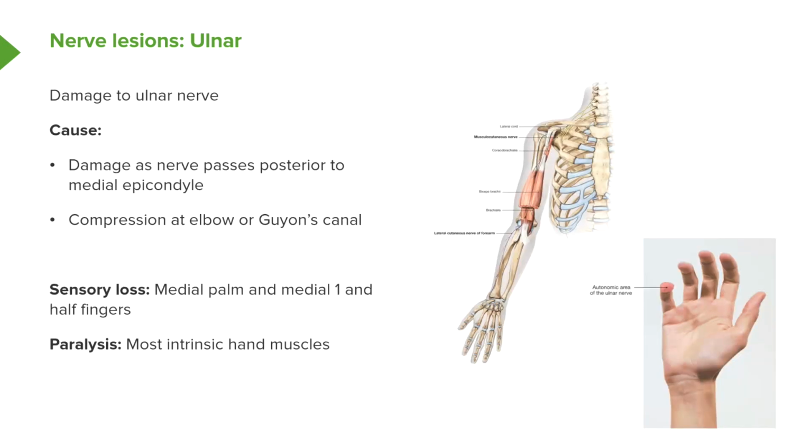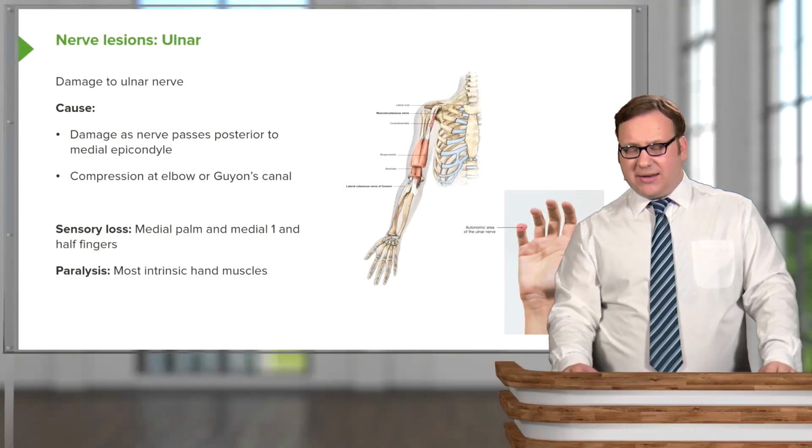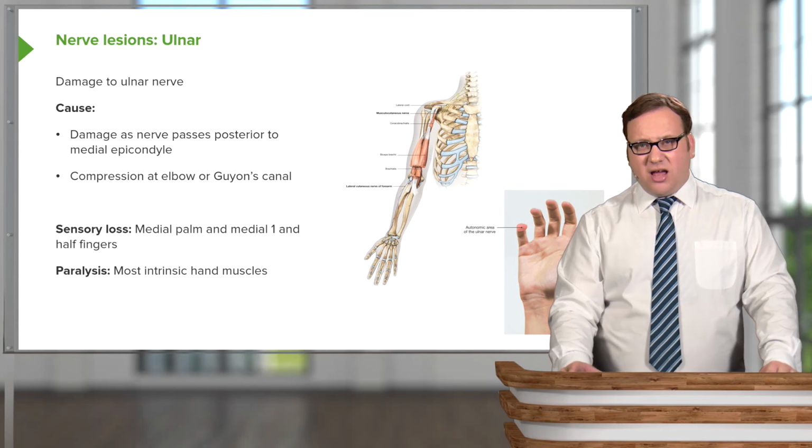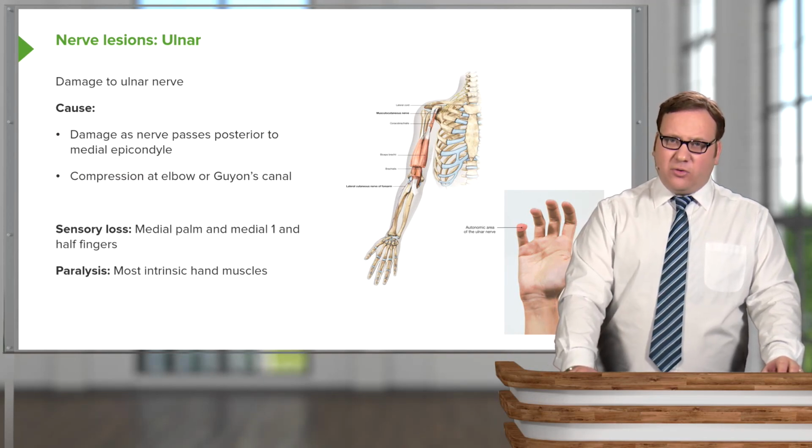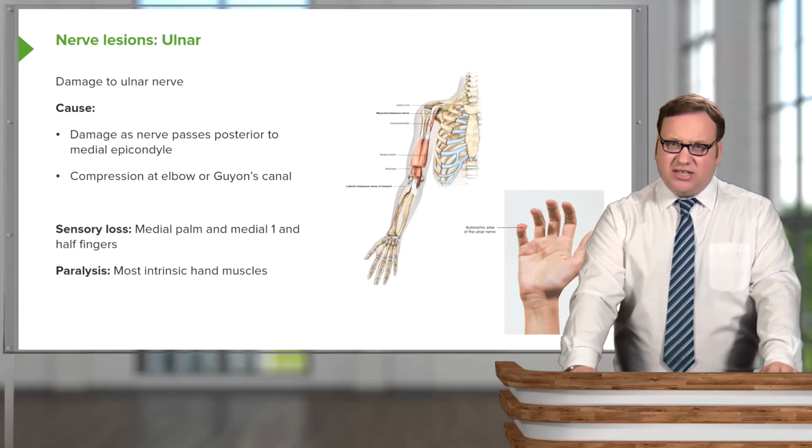Damage to the ulnar nerve, likely as it passes posterior to the medial epicondyle, or compression at the elbow or Guyon's canal, can lead to sensory loss at the medial surface of the palm and the medial 1.5 fingers, those fingers that were preserved when we had median nerve damage. So the median nerve did 3.5, and the ulnar nerve is covering the remaining 1.5, finger 5 and the medial surface of 4. So you'll lose sensation there.